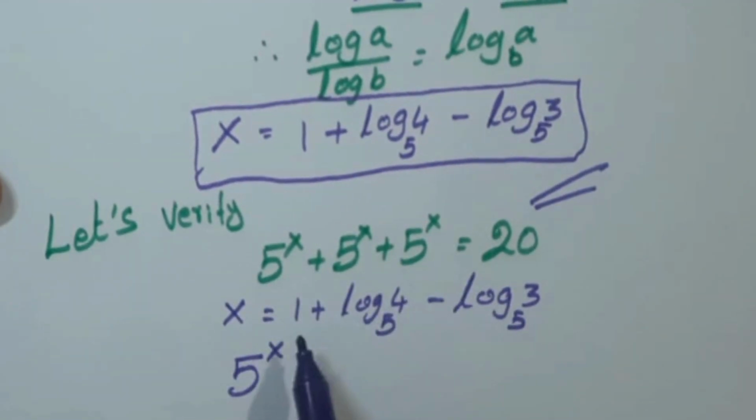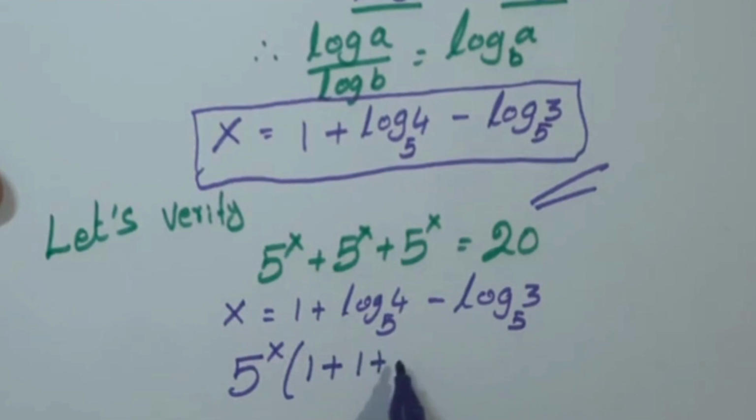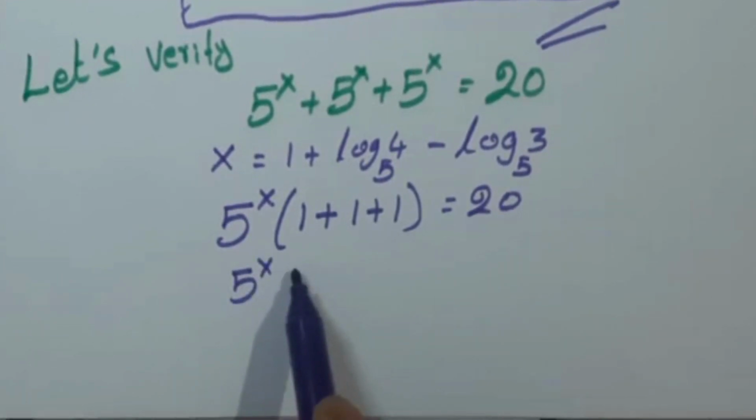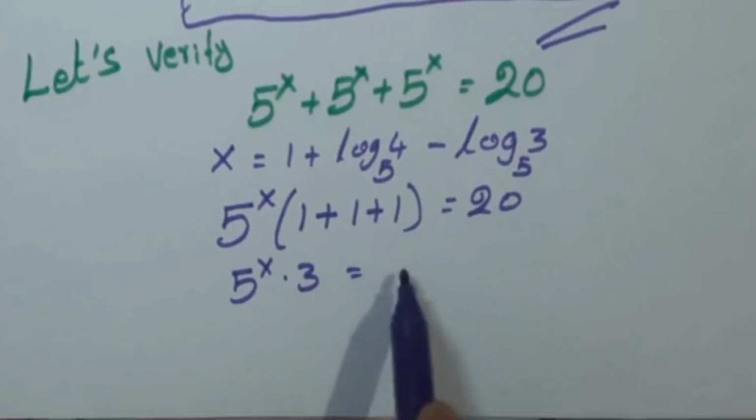In this equation, the 5 to the power of x is common, so we are going to take common 1 plus 1 plus 1 equal to 20. 5 to the power of x into 3 equal to 20.